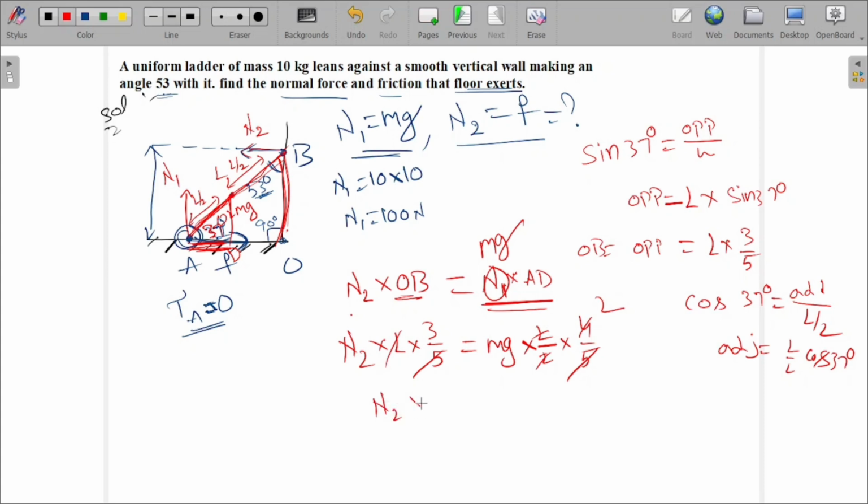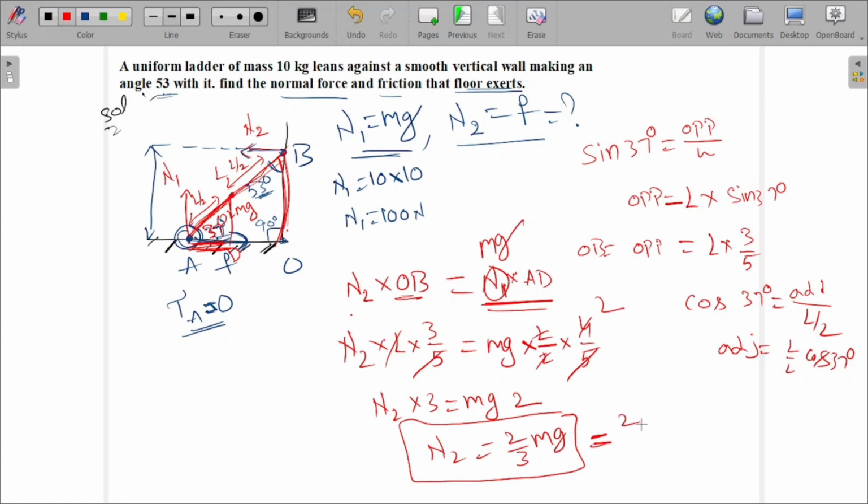So N2 into 3 equals mg into 2. So N2 equals 2 by 3 mg. This is the value of N2, so N2 equals 2 by 3 into m into g.